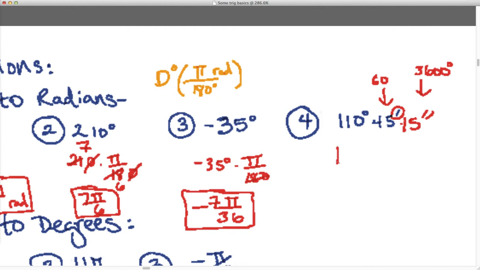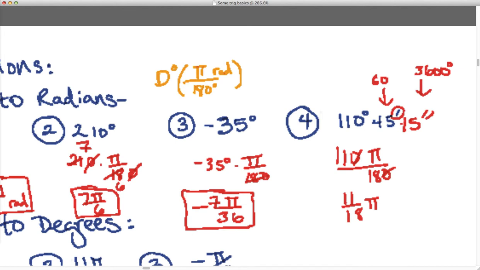So first converting the 110, you get 11 pi over 18. Let's get a decimal value for that.